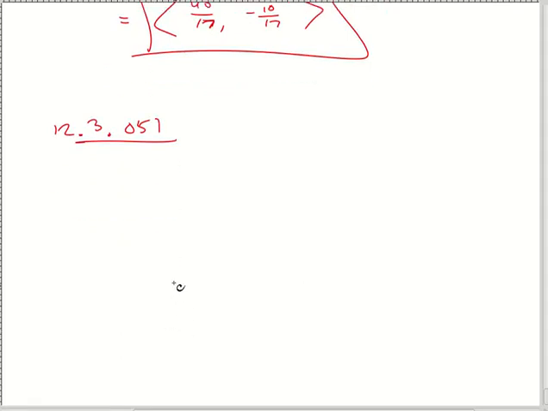12.3.051. So this is a word problem. It says there's 30 pounds of force applied at an angle of 35 degrees, and it's moved horizontally 50 feet.